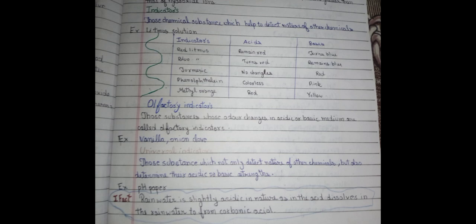For example, vanilla, onion, etc. Universal indicator: those substances which not only detect the nature of other chemicals but also determine their acidic or basic strength. For example, pH paper.